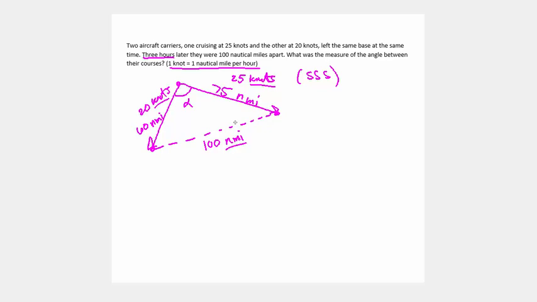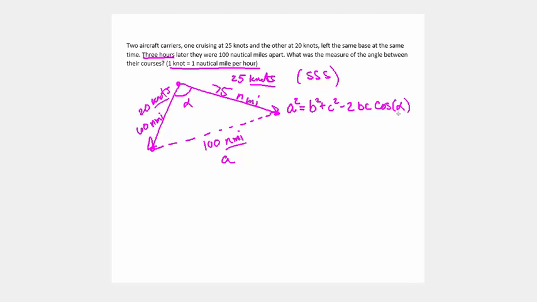Let's go ahead and get that going. Of course, across from alpha, we'll call this side A, and the other 2 sides are B and C. It doesn't matter which one we call which. But let's just set it up with what we know for sure now, which is that according to the law of cosines, we can say a squared equals b squared plus c squared minus 2bc times the cosine of alpha.